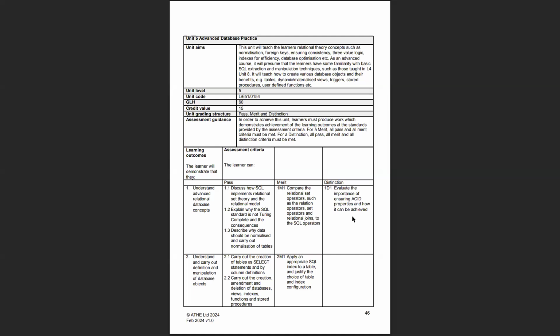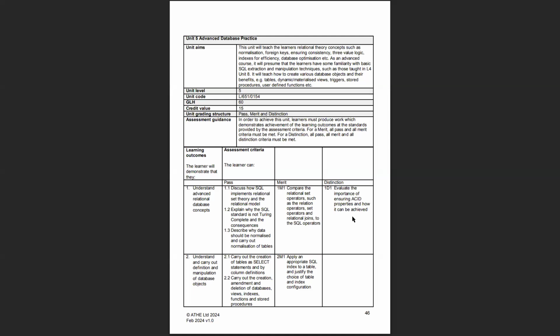As an advanced course, it presumes that the learner has some familiarity with basic SQL extraction and manipulation techniques, such as those taught in our level 4 unit 8.